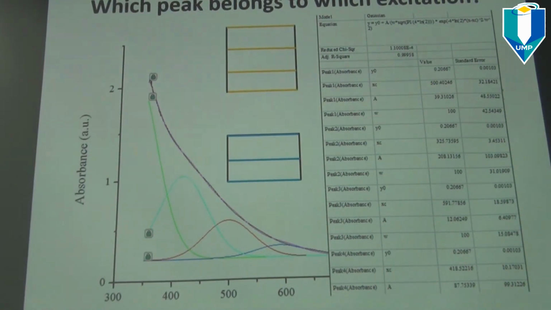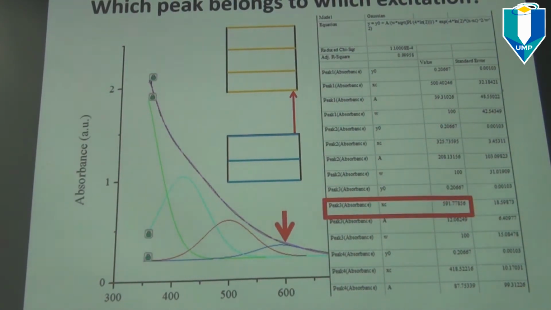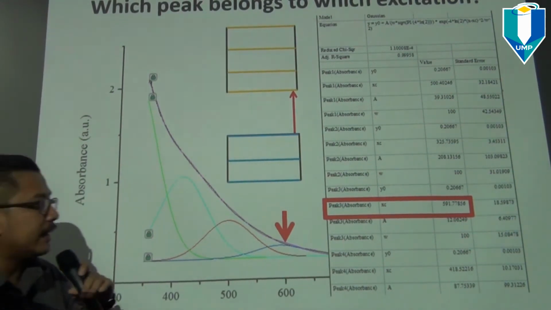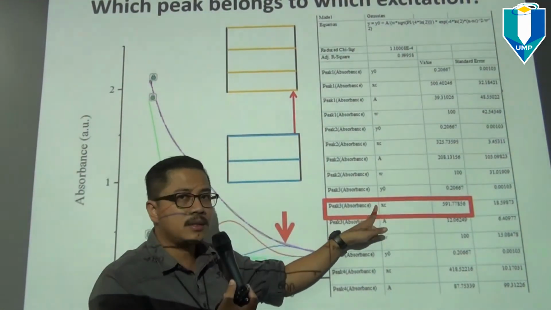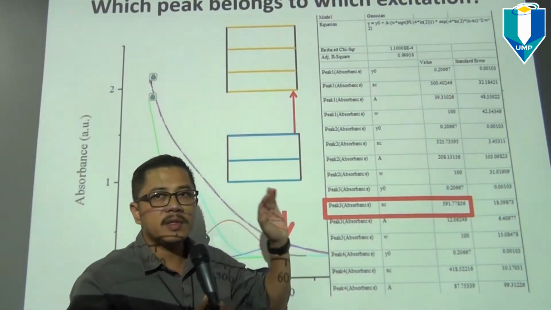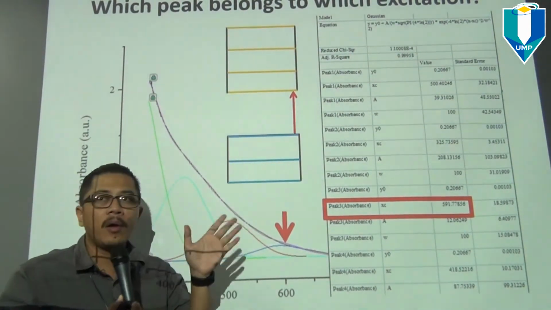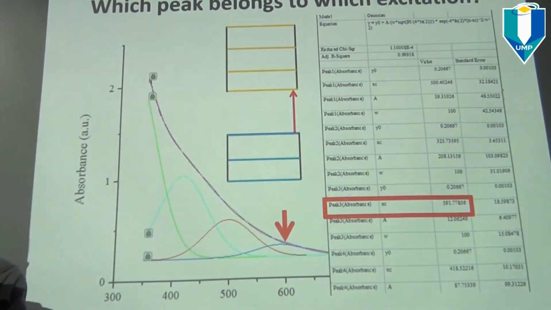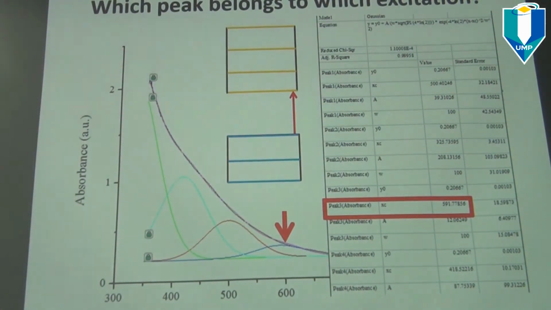Okay, how do we read the fitting? First, remember we have a few excitonic peaks. This is the first excitonic peak. Choose the peak indicated with XC. Choose the XC with the longest wavelength. You should have 4 XCs.